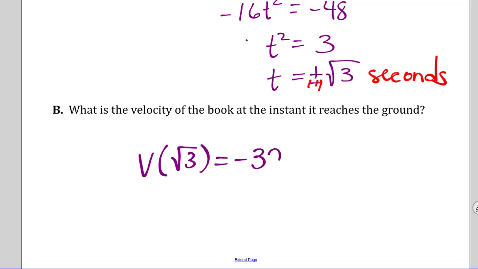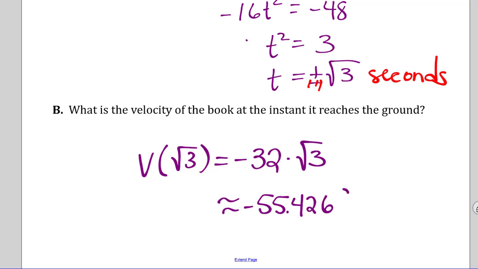So negative 32 times the square root of 3. When we do that out on your calculator, you'll get approximately negative 55.426 feet per second at impact.